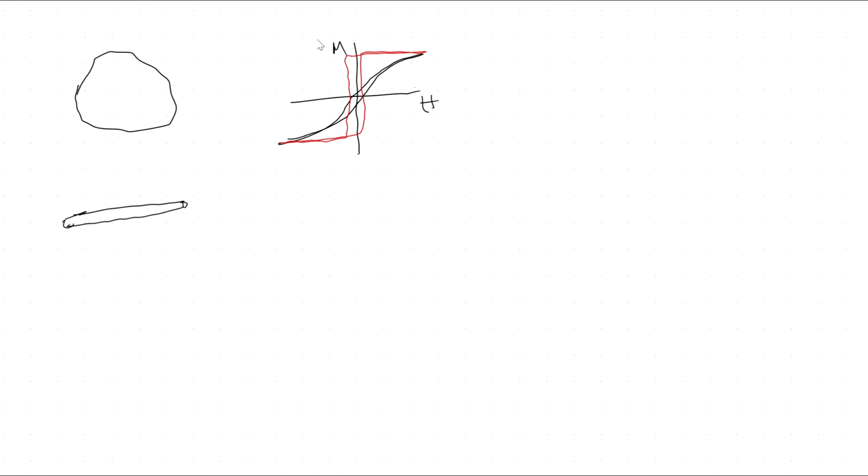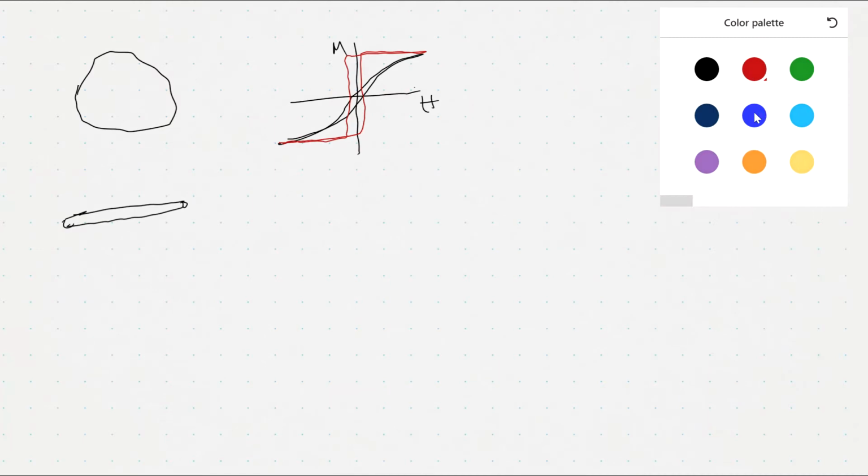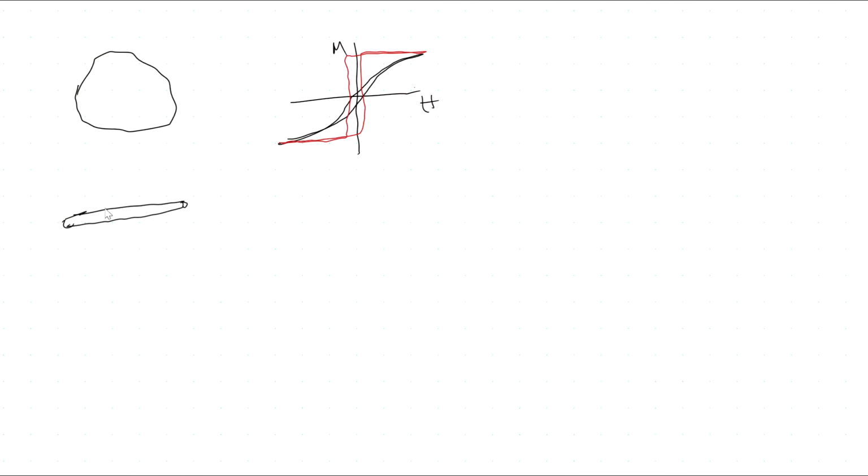Moreover, if you take a material that is shaped like this, like a thin wire, you'll notice that the magnetic properties along this axis and along that axis are different, and you will see something similar to this.